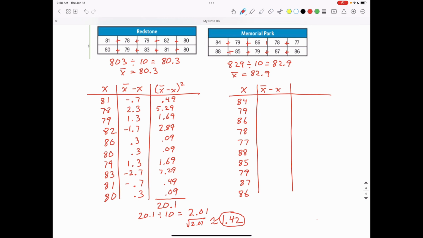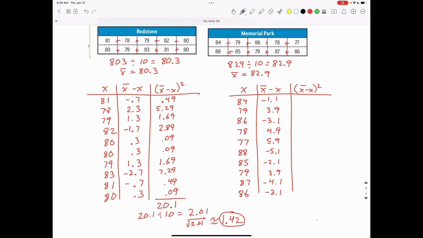We'll start out with 82.9 minus 84, and that is negative 1.1. We'll have 82.9 minus 79, and that is 3.9. 82.9 minus 86 is negative 3.1. We'll do that for each of those data points. And so that is that column. Everything was subtracted from the mean. And now we're going to square that column.